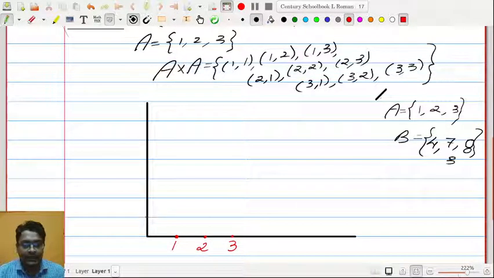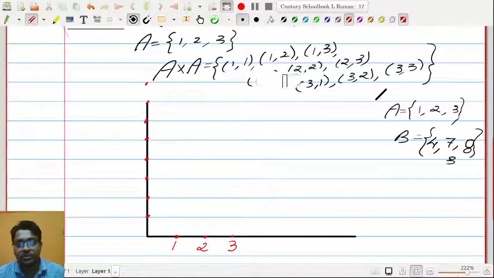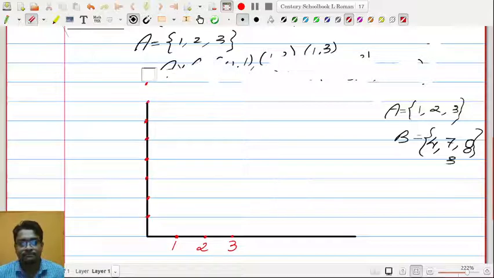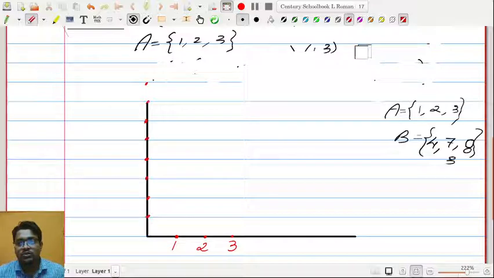I designate the points of the second set here: 1, 2, 3, 4, 5, 6, 7, and another element, 8.